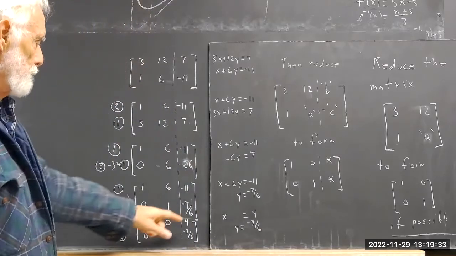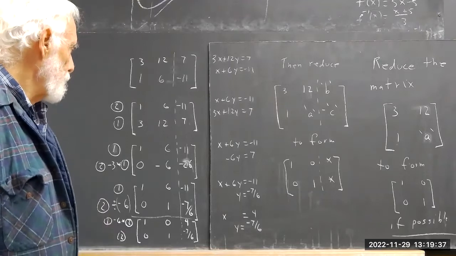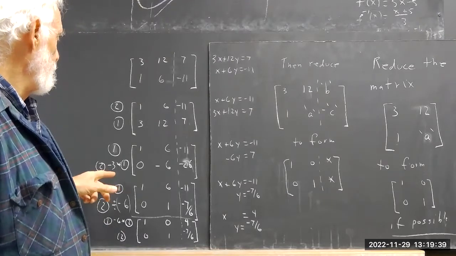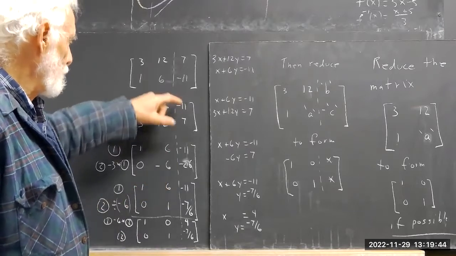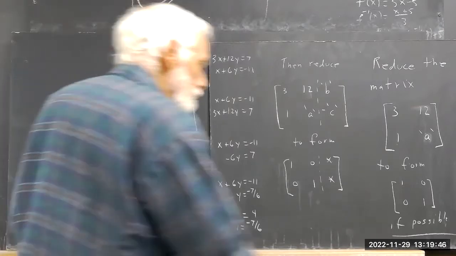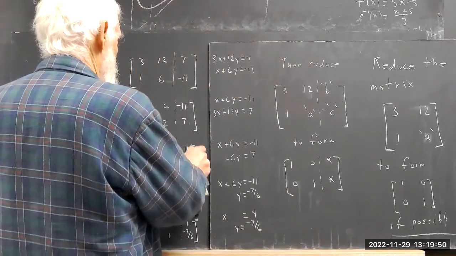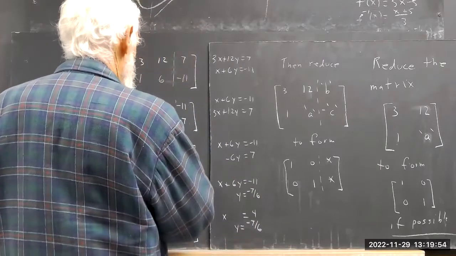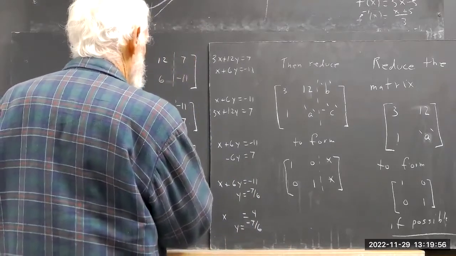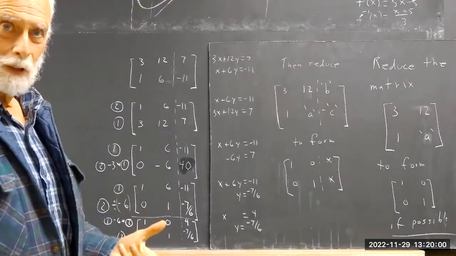I should have been more suspicious when I got a whole number here, but let's go on. Okay, let's check that out again. That's not minus 26. Negative 3 times that is 33, and 7 gives me 40. Always pays to take a second look so you can make a different mistake.